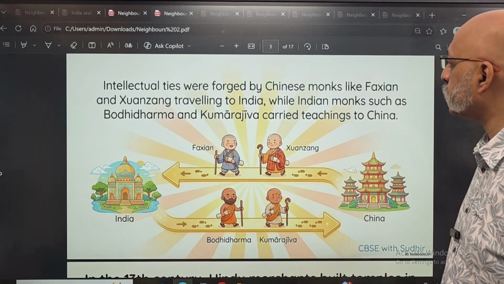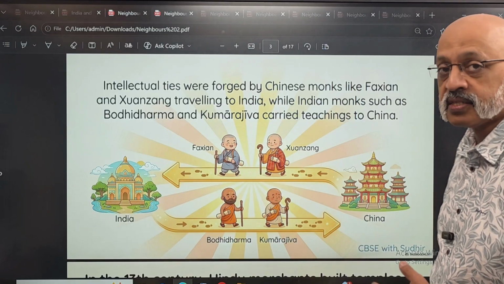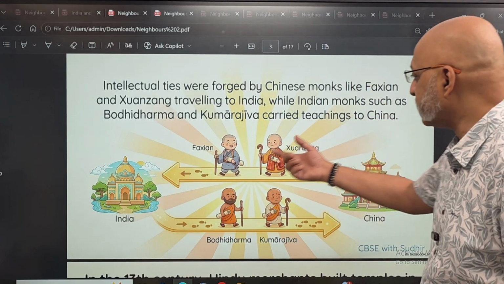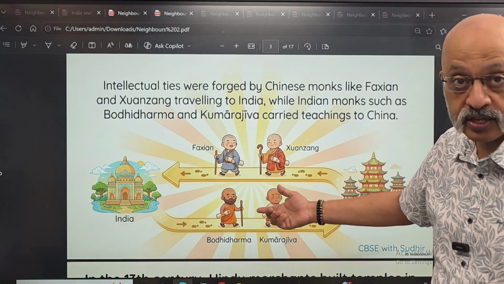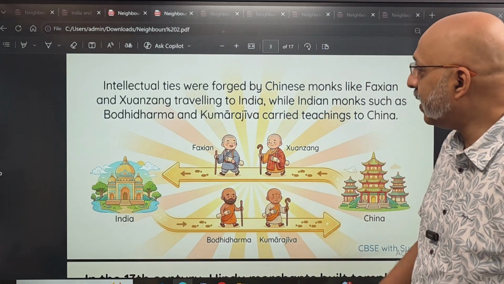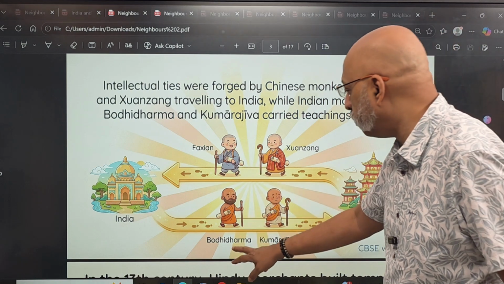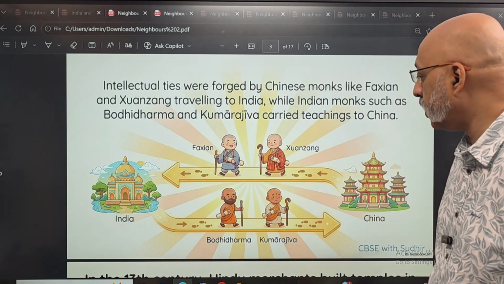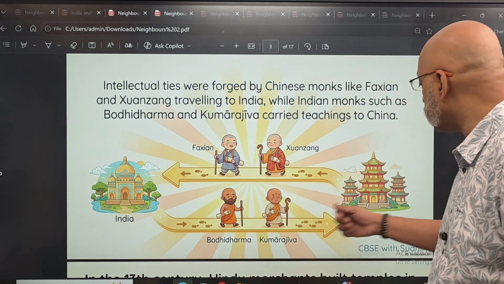Intellectual ties were forged by Chinese monks, as in sadhus, like Faxian, I don't know how to really pronounce this, so I may be completely wrong, but you can see the spelling. While Indian monks such as Bodhidharma and Kumara Rajiva actually traveled from India to China.